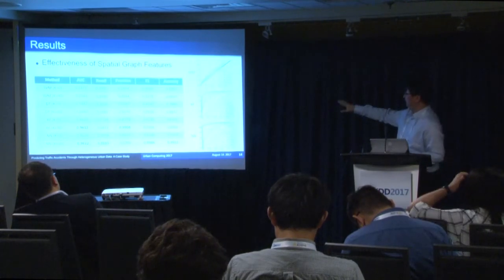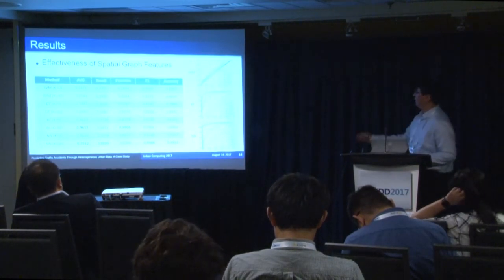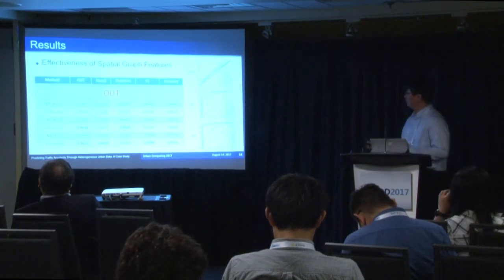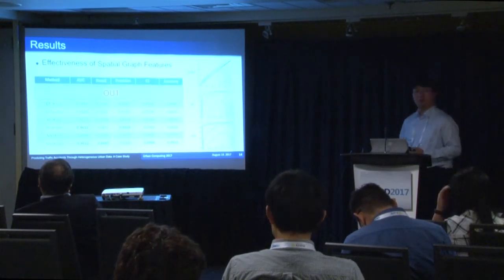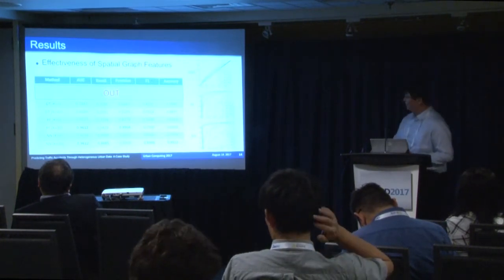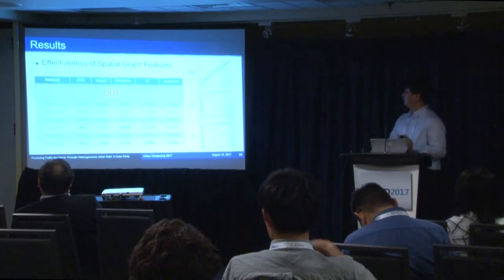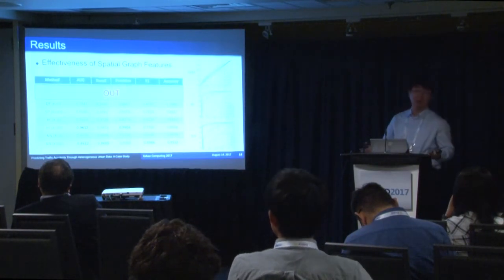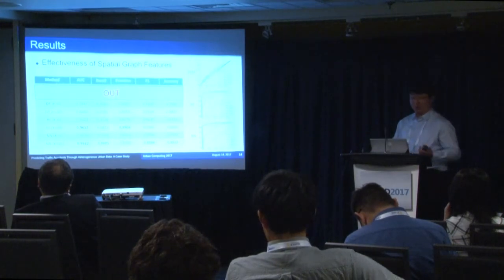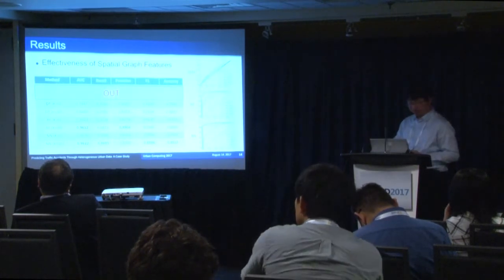On the right side, you can see these ROC curves, and for RF and neural network, the spatial graph features improve these results quite significantly. But linear SVM is not giving any good result because the problem is nonlinear. So SVM is not preferred in this context.